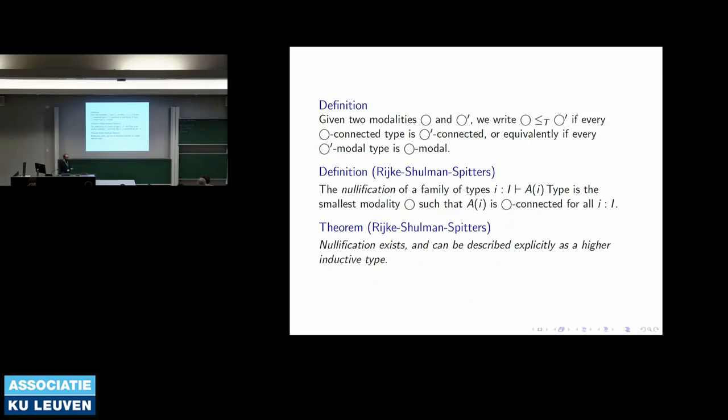So it's the smallest modality forcing all these types to be contractible. They also showed in this paper that nullification exists, assuming you have enough higher inductive types, and you can describe it very nicely as a higher inductive type. I was talking about this as a kind of polynomial, and the nullification is very closely related to the free monad on the polynomial. It has the same point constructors, but it also has some path constructors as well.